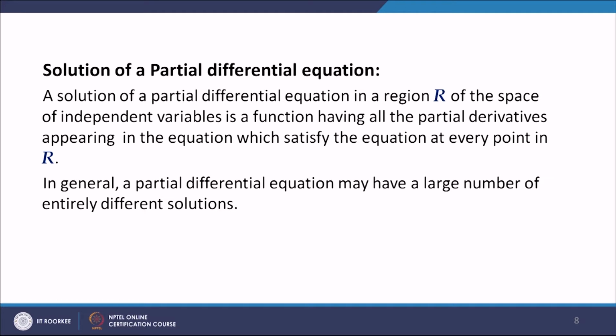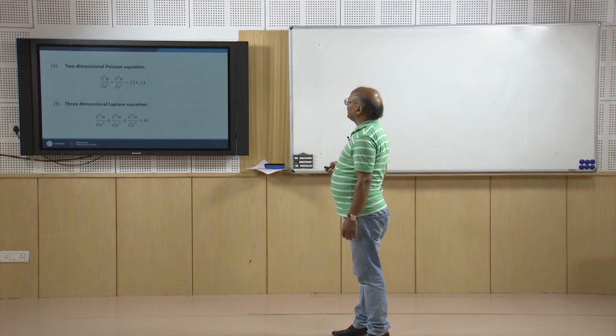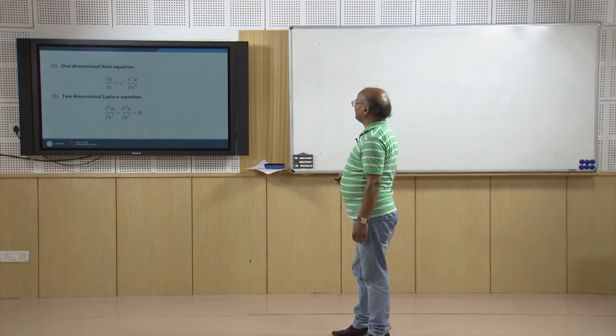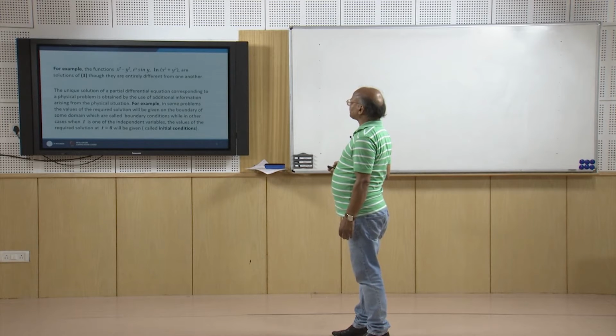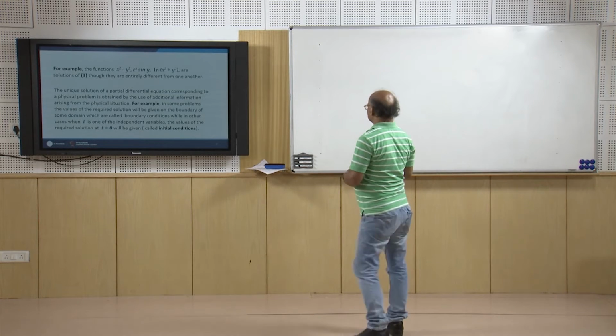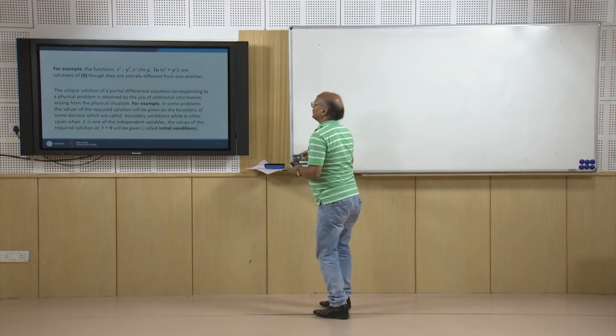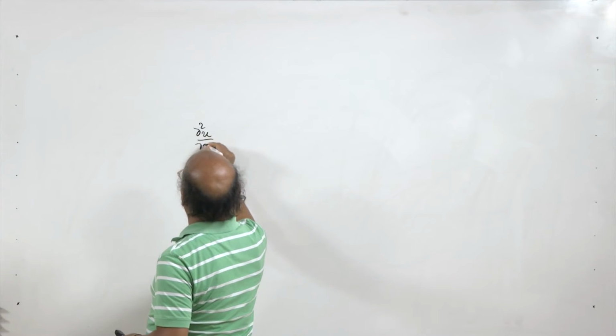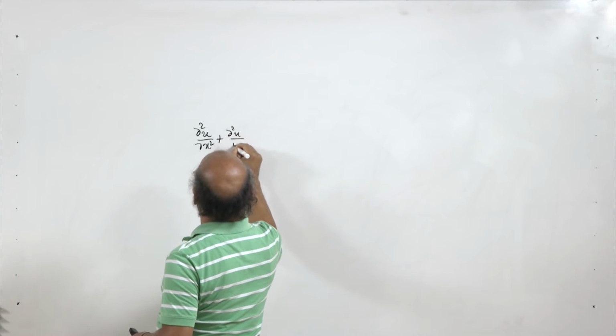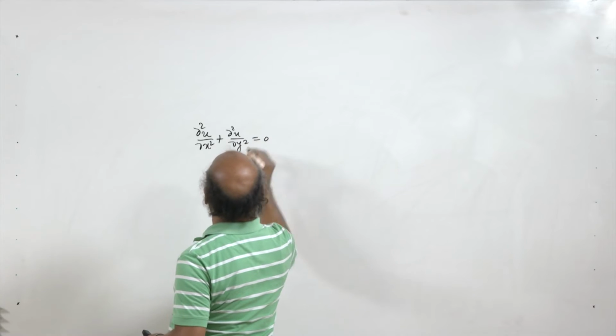For example, let us consider example 3, the two-dimensional Laplace equation ∂²u/∂x² + ∂²u/∂y² = 0.